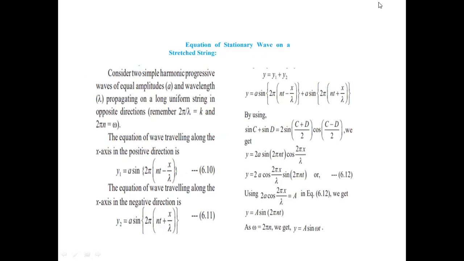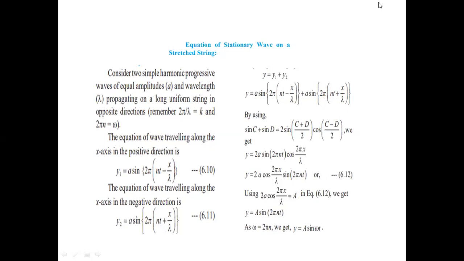The equation of the wave traveling along the x-axis in the positive direction is y1 is equal to a sine of 2 pi in the bracket nt minus x upon lambda. The equation of the wave traveling along the x-axis in the negative direction is y2 is equal to a sine of 2 pi in the bracket nt plus x upon lambda.